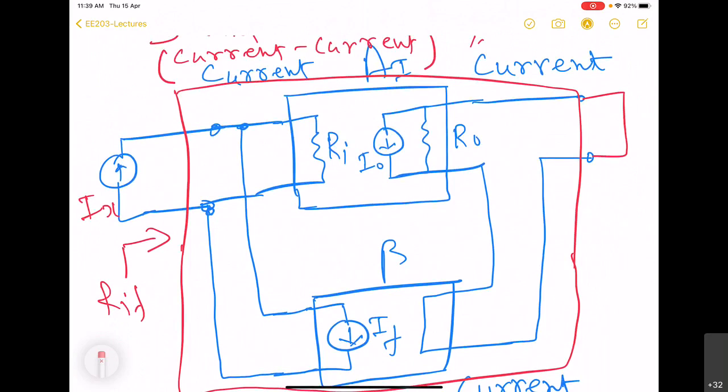We know that there will be current here that we will call the input current, and there will be this feedback current, IF. And we know the relation between IO and AI and the input current, and also between this current and the feedback current.